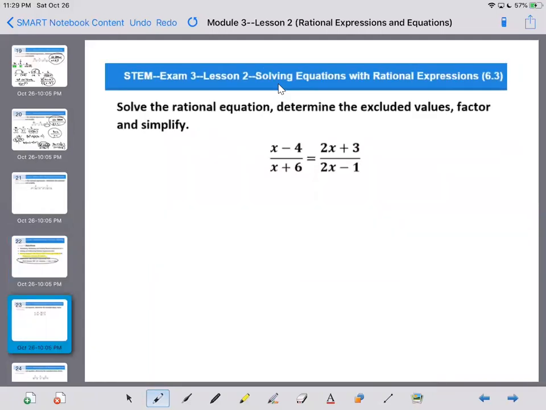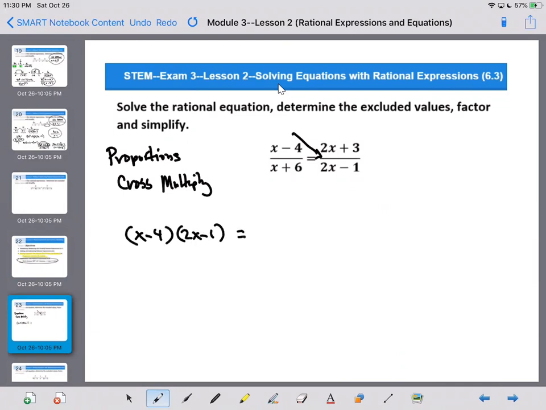And so when we look at solving this, one of the methods I said was a proportion method. In solving proportions, you can use your cross multiplying, okay? So x minus 4 multiplied by 2x minus 1 is going to be equal to the other cross method, which would be 2x plus 3 and x plus 6.